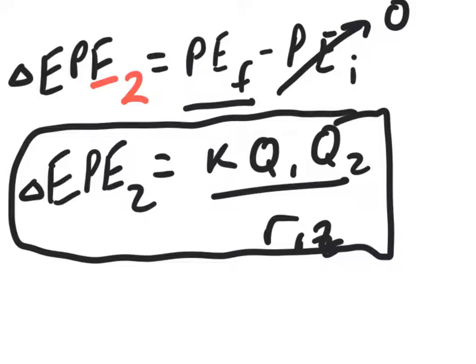And if we're dealing with a positive and a negative, positive multiplied by negative, no matter the order of operations there, will give you a negative change in potential energy. So there's a loss in potential energy when two opposite charges are brought close to each other. And there's an increase in potential energy when like charges are brought close to each other.